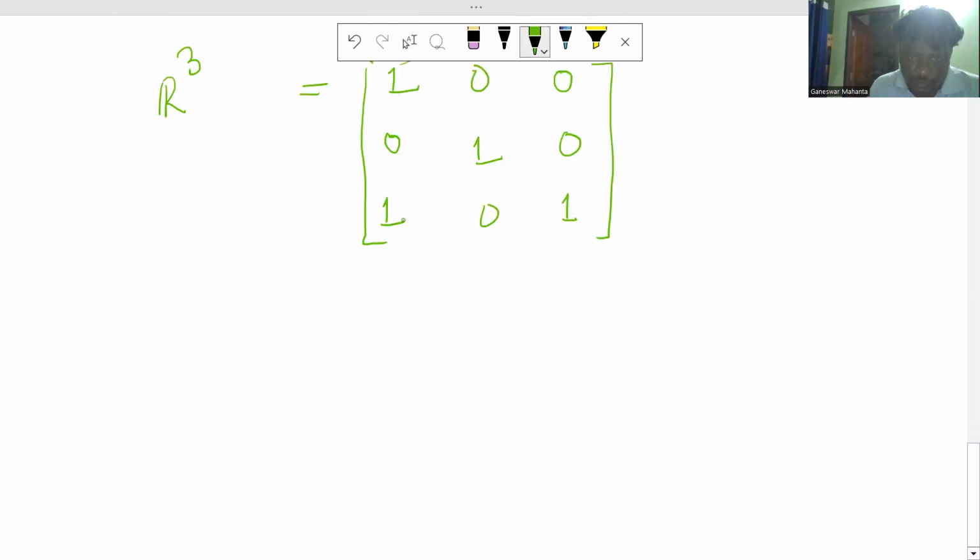This value is 0 and this value is 1. This is 1. 1 and 0. So R cube relation, you can check what the result actually is.